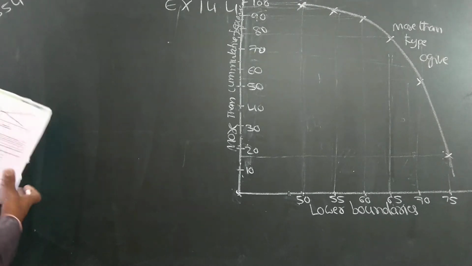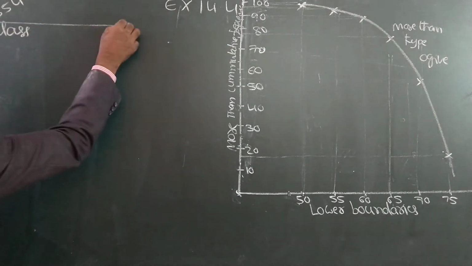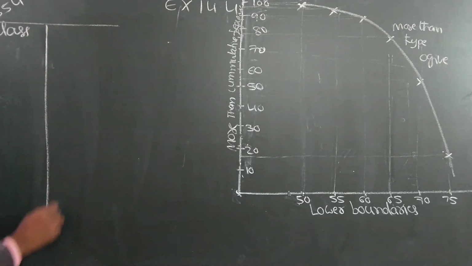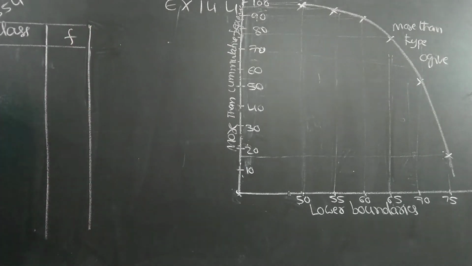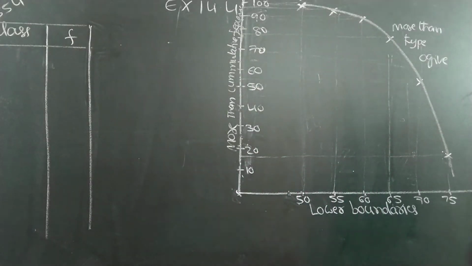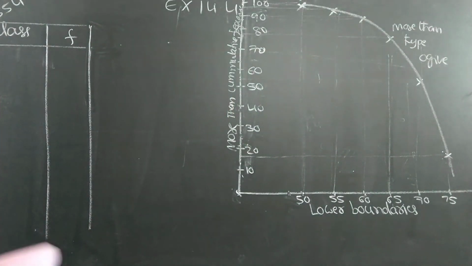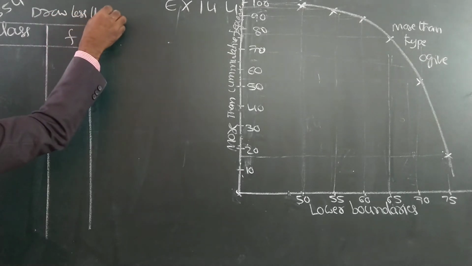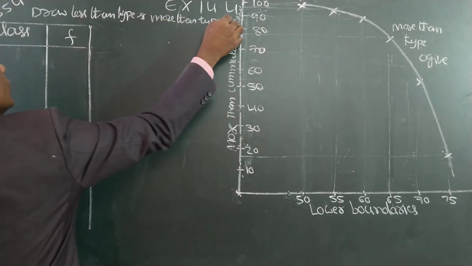Example. The question is, draw less than type and more than type ogive.